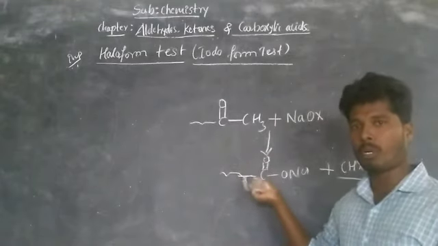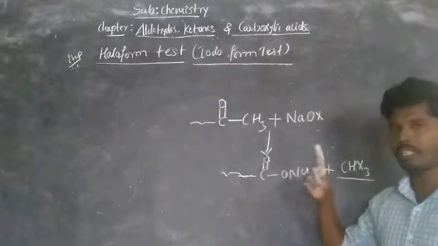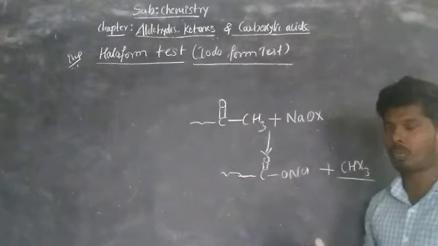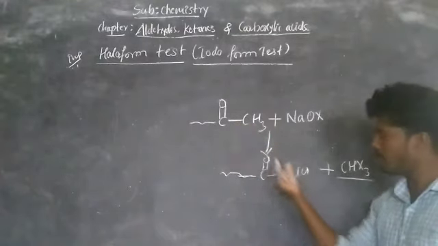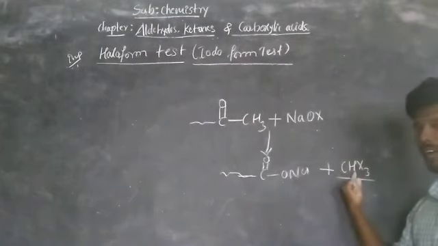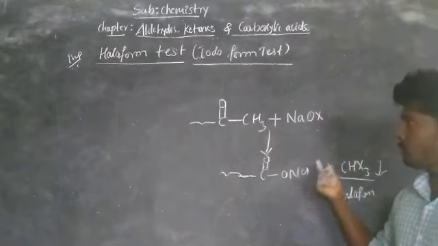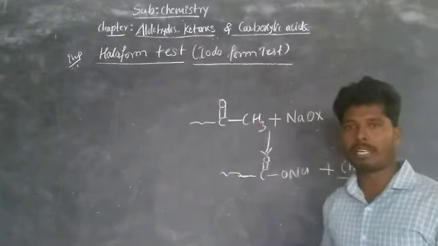The resulting compound has one carbon less than the parent compound. See here there are two carbons, but here only one carbon is there. The one carbon becomes haloform. It gives a precipitate.